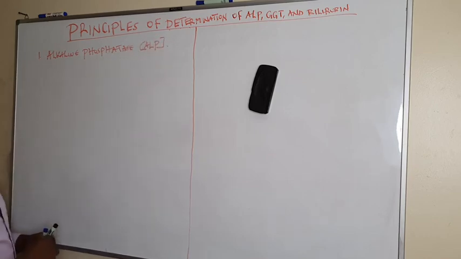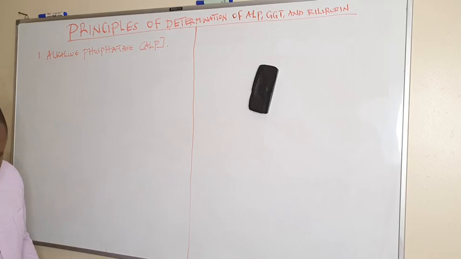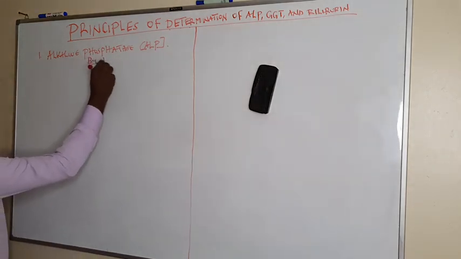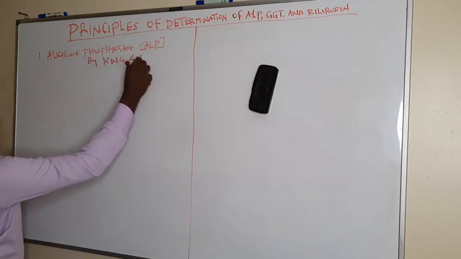The method we are using is called the King and Armstrong method.